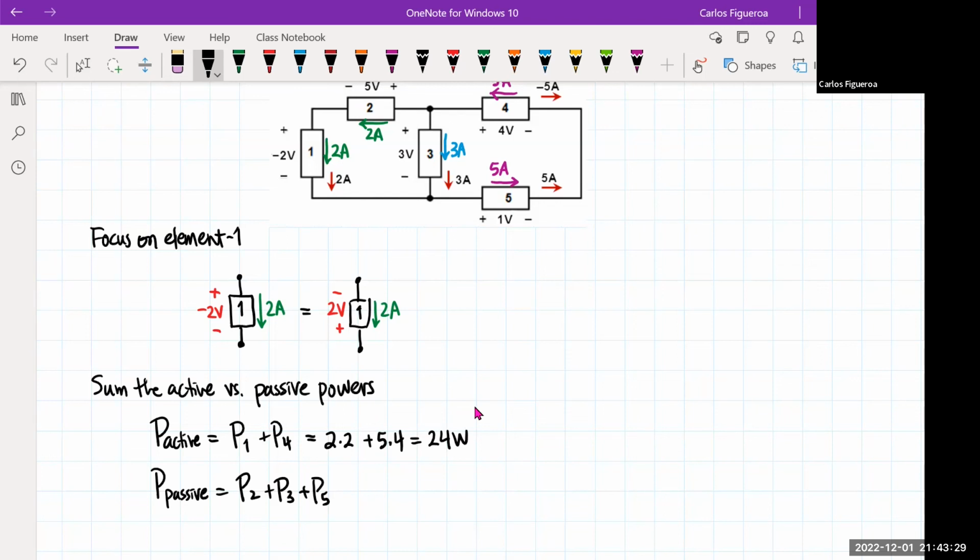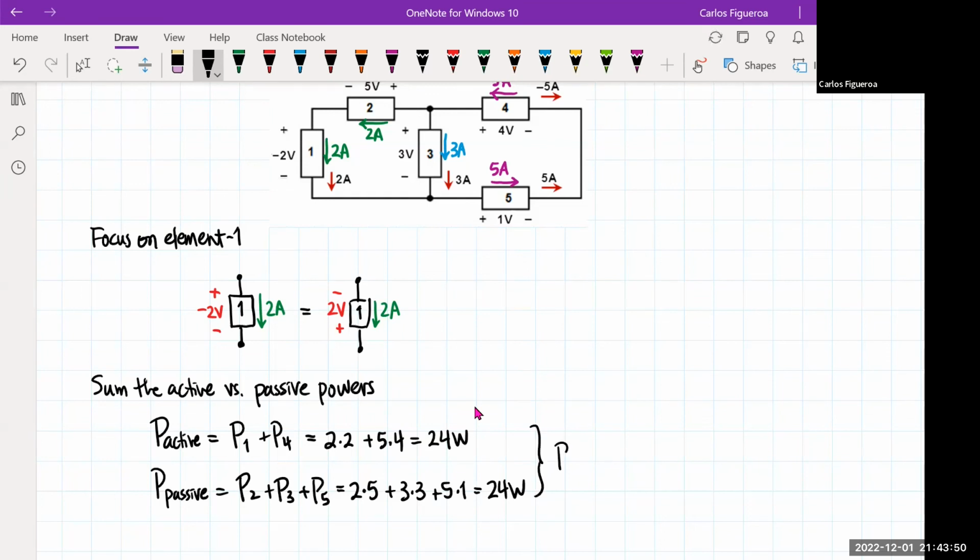Now, if I look at element 2 here, I get 2 times 5. Element 3 is going to be 3 times 3. And then element 5 is going to be 5 times 1. And that also gives me 24 watts.